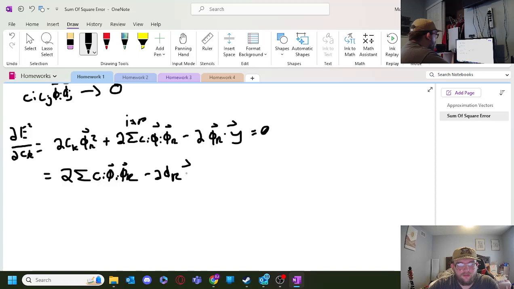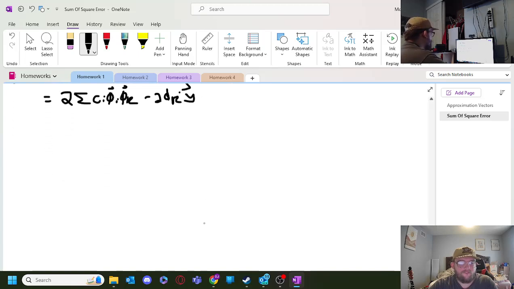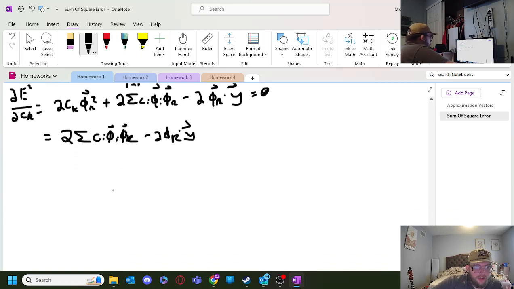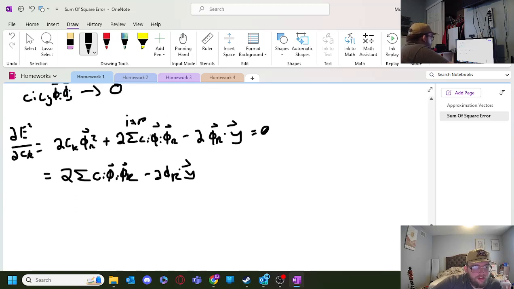Now, if you need a clearer explanation, think about it like this. This sigma says C1 times phi 1 phi k plus C2 phi 2 phi k plus so on.